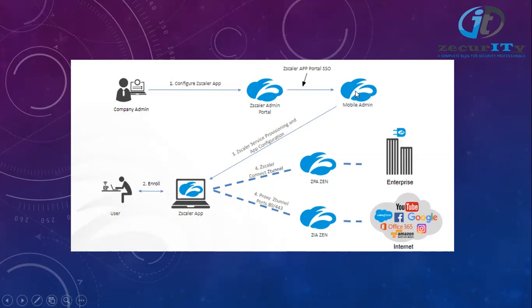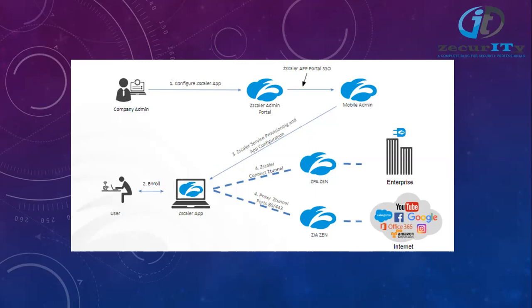Mobile admin will have the app profile and forwarding profile. Based on those profiles, the end user can enroll the device. The agent will be installed on end-user machines, maybe with the help of GPO, SCCM, Tanium, or JAMF tools. Otherwise, the user can directly download it from the portal.